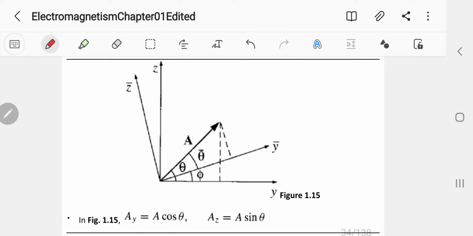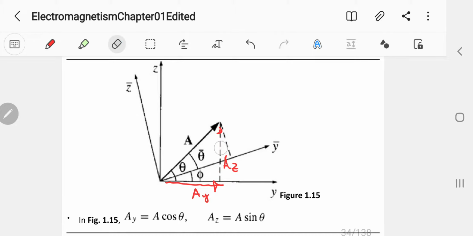So say for example in the original frame of reference, or in the original coordinate axis, your AZ would be this. This is your AZ, and this would be your AY.